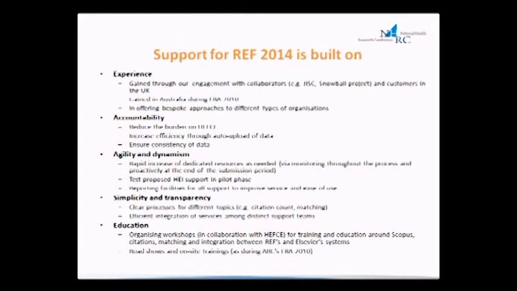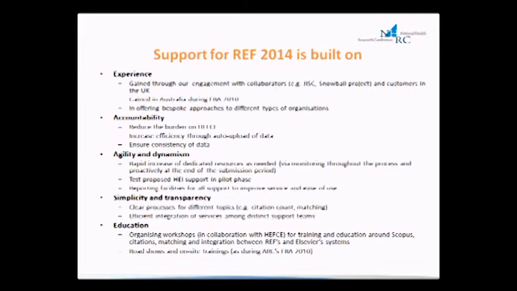What we hope to achieve is to reduce the burden on HEFCE as the managing body for the REF through increasing efficiency and consistency of process. We've challenged ourselves to have absolute agility throughout the whole process, so there's an appropriate amount of support at the right time, and we're able to respond to problems and issues that will invariably come along.